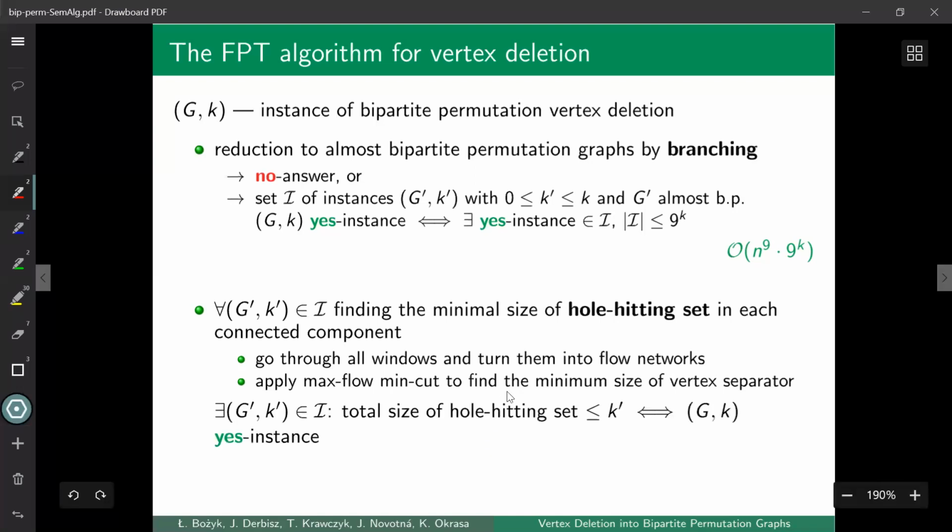And depending on whether our minimum size vertex separation added among all the connected components has size lower or greater than our remaining budget, we conclude with a yes or no answer here. Due to this going through windows and applying flows, this turns out to have complexity about n to the 6. But let me not dive into details why in our proof it is 6, not 5 or 7.